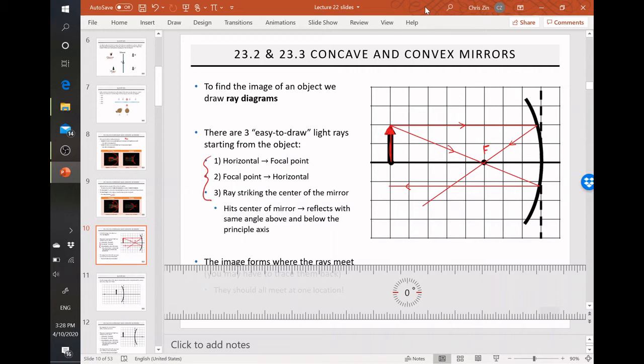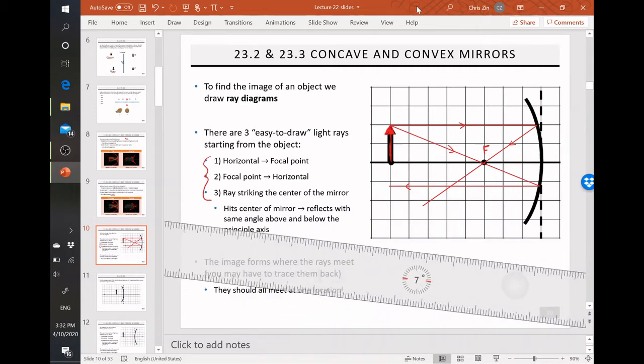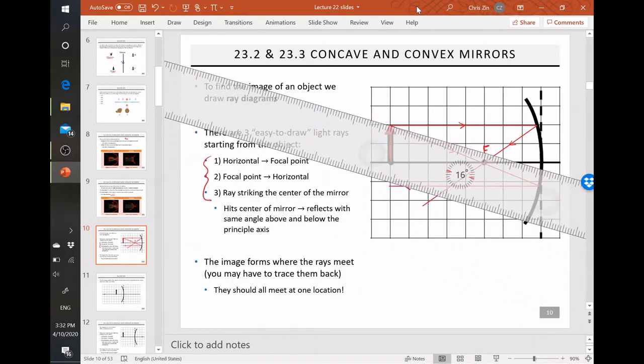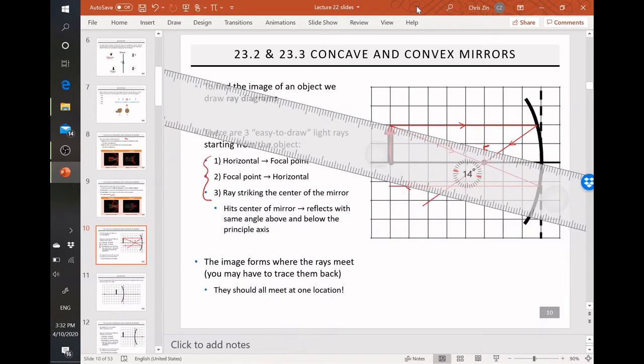Okay, the third easy to draw light ray is the one that strikes the very center of the mirror. So I'm going to line my ruler up with the top of the candle and the center of the mirror. Draw the light ray from the top of the candle to the center of the mirror.